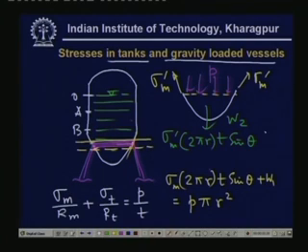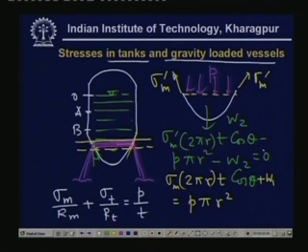Here I want to make a correction, because we have taken this angle to be theta, so this should be cosine theta and not sine theta as we have written. So this is cosine theta, and this is minus P pi r square and minus W2 equal to 0.